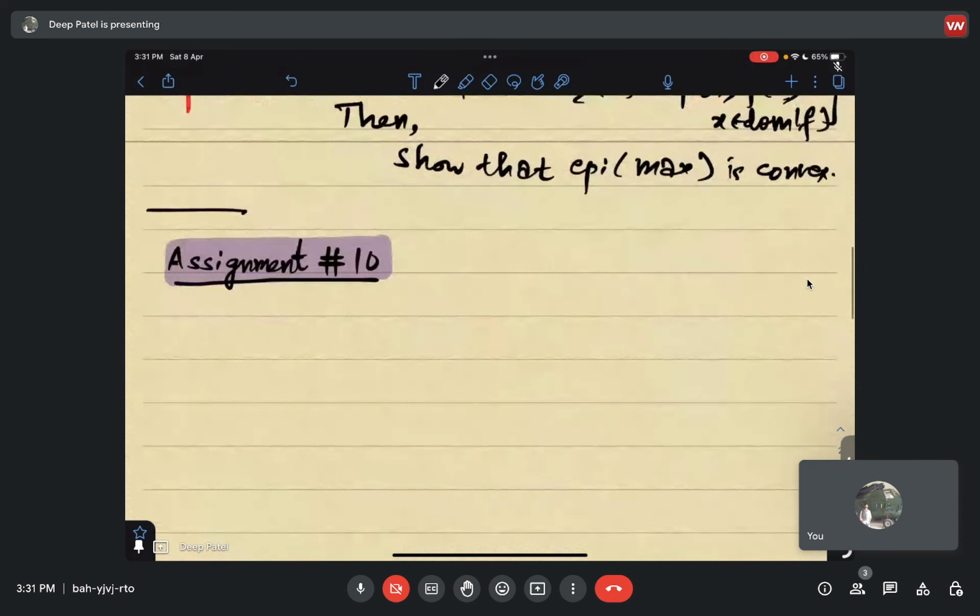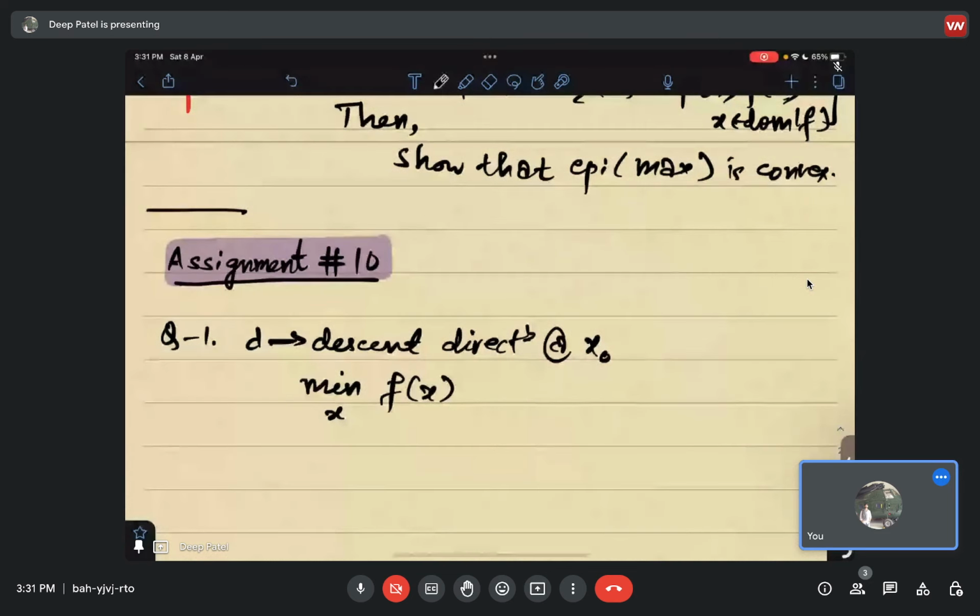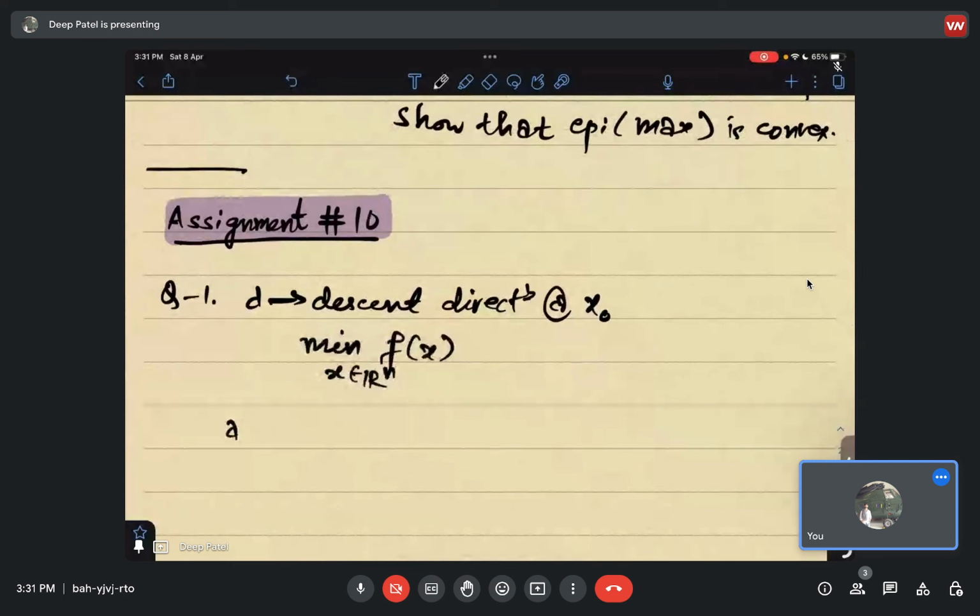Okay, so assignment 10, question 1. What we have given is that t is a descent direction at some point x0, and we are solving an unconstrained optimization problem. Which one of these is true?